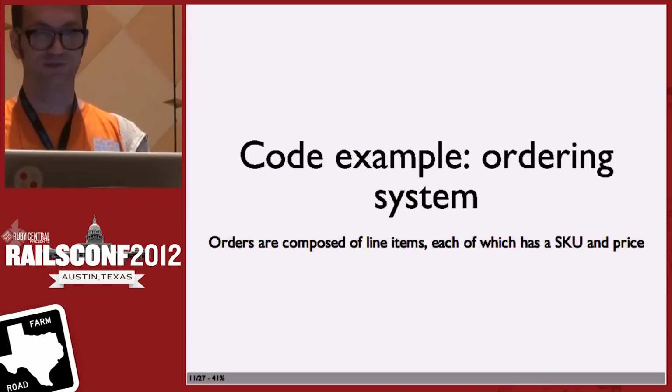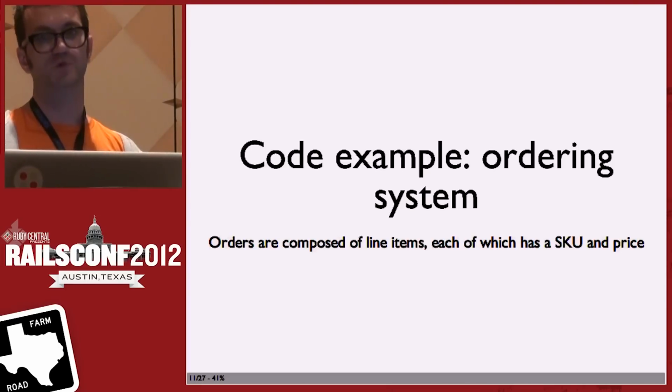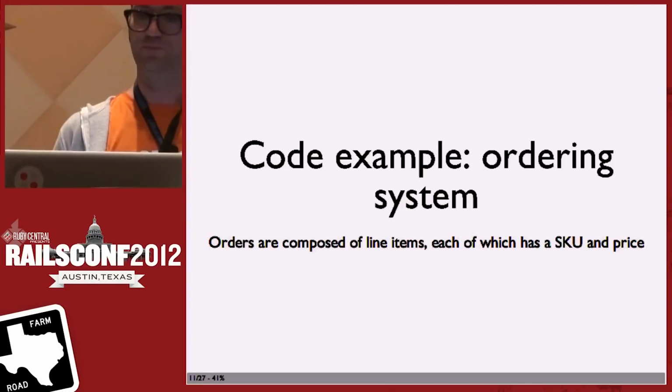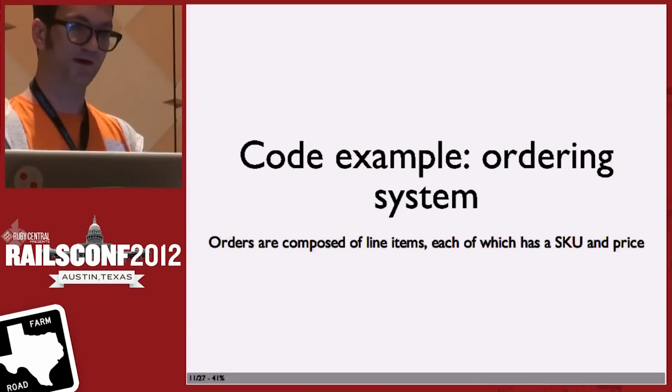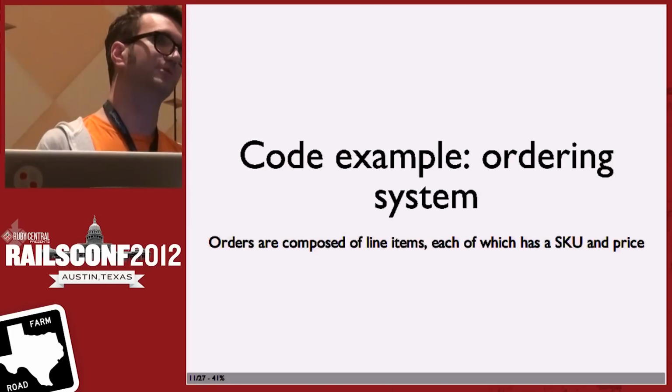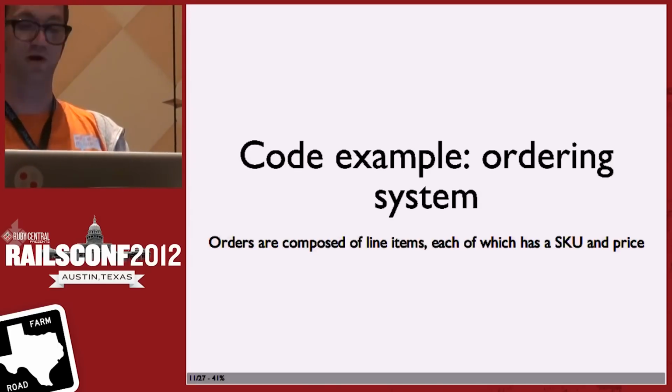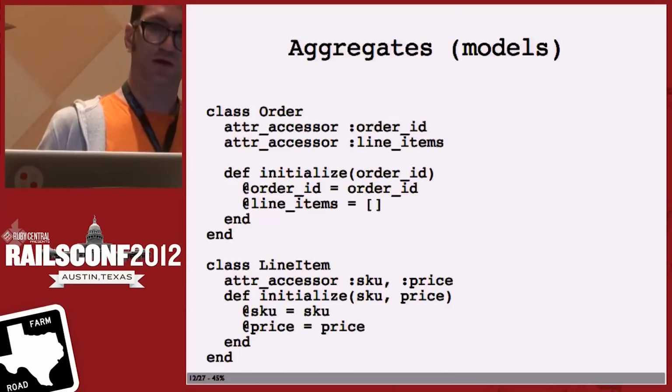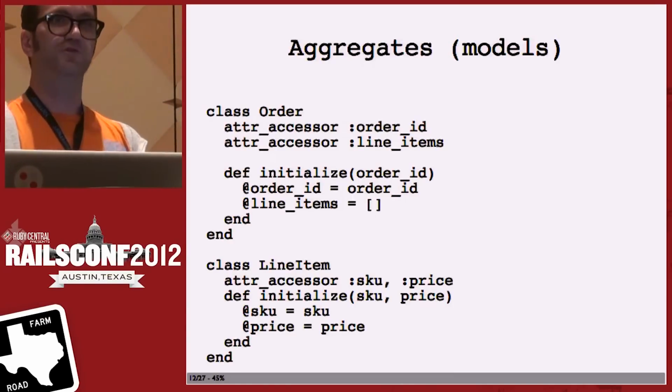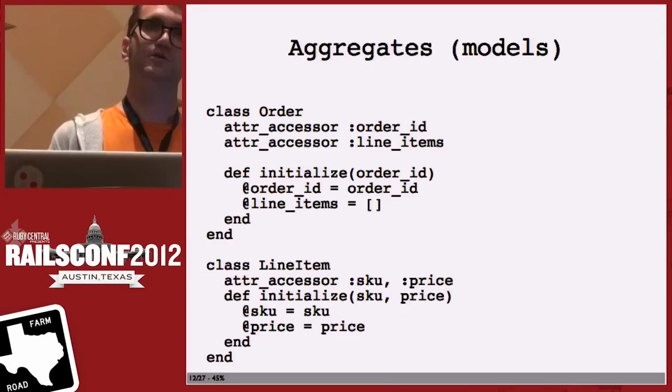All right, so let's look at a little bit of a code example. This one's real simple. It's an ordering system. Orders have line items, and line items all have a SKU and a price. So a lot of times in domain-driven development, we don't talk about models, we talk about aggregates.